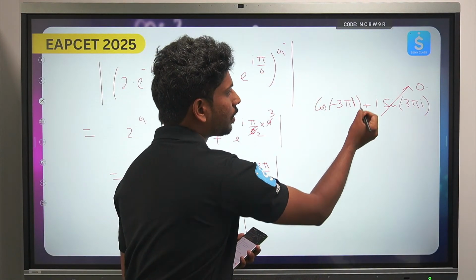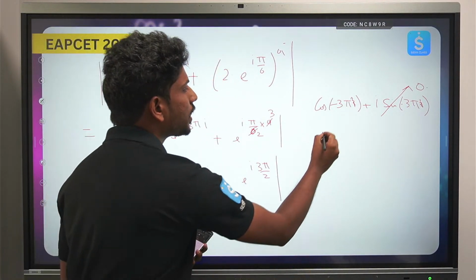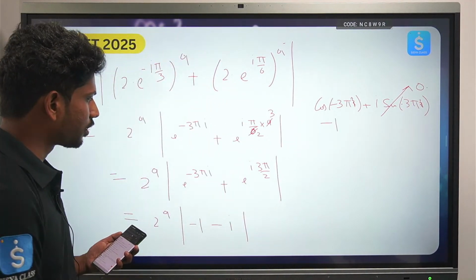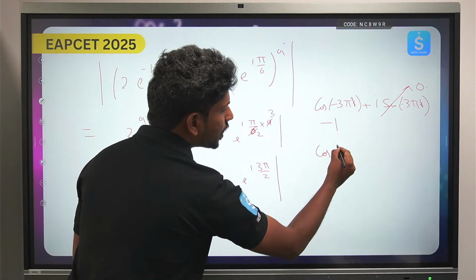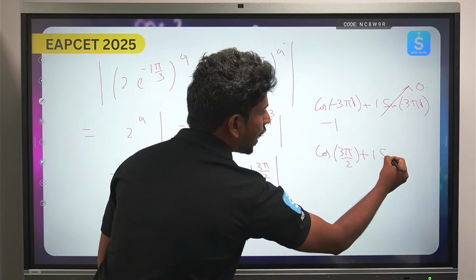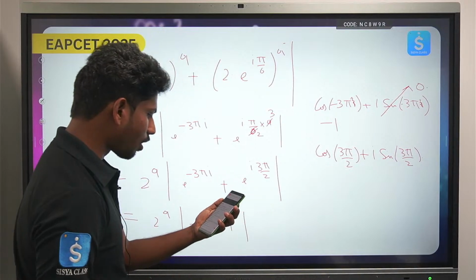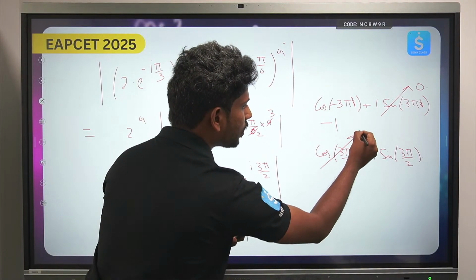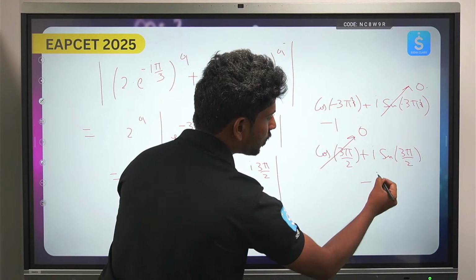So here there is no need to write i. What will be cos 3 pi? Cos 3 pi is nothing but minus 1. From here we got minus 1. Similarly e power i 3 pi by 2 is cos 3 pi by 2 plus i sin 3 pi by 2. Cos 270 is always 0, and sin 270 will be minus 1. So this will become minus i.